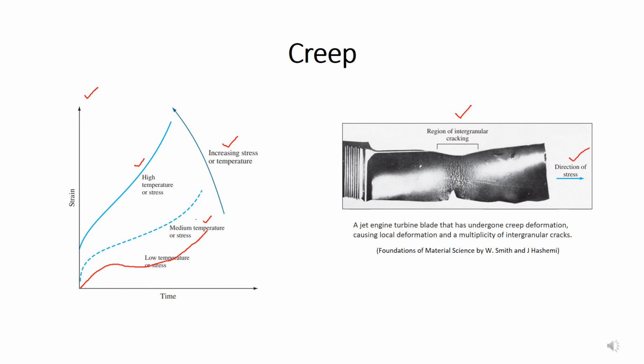So this is a photograph of a jet engine turbine blade failed due to creep loading. Constant load at higher temperatures produces creep loading. If you increase the magnitude of load or the value of the temperature, then creep will propagate at a higher rate.